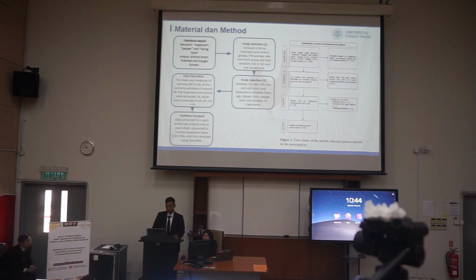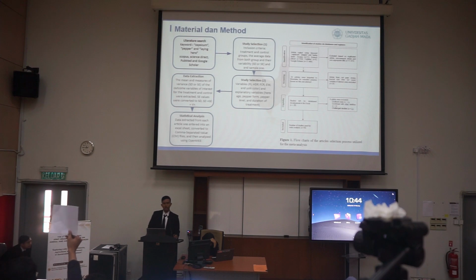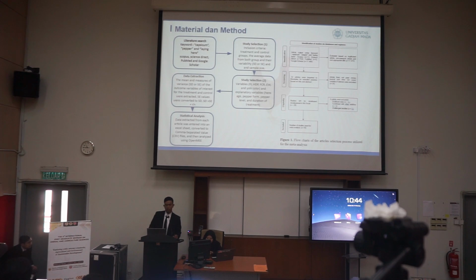For material and method, there are several steps. The first one is literature search. We use the keywords capsicum, pepper, and laying hen in several databases: Scopus, ScienceDirect, PubMed, and Google Scholar. After we get some articles, we did study selection for the data. The data must have treatment and control groups, and also must have variability.